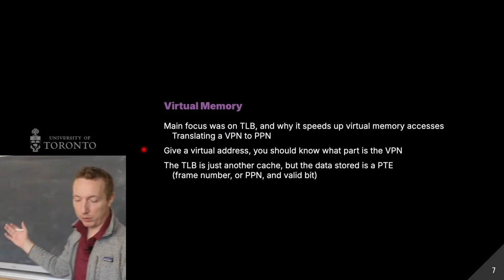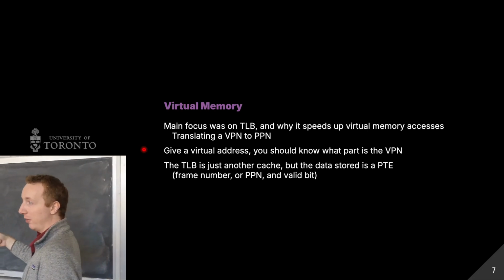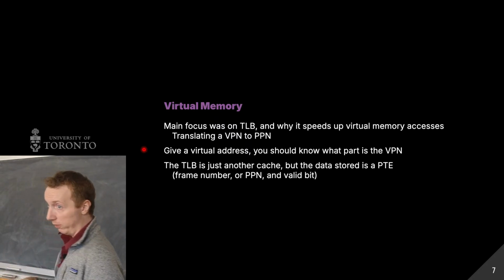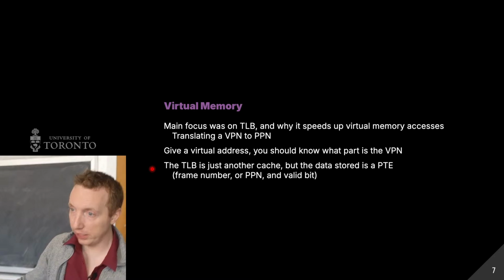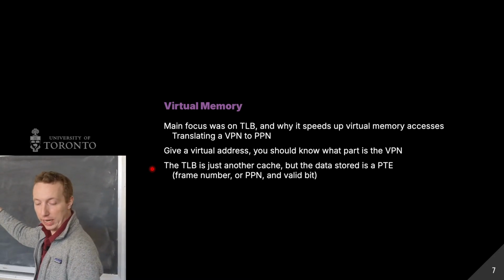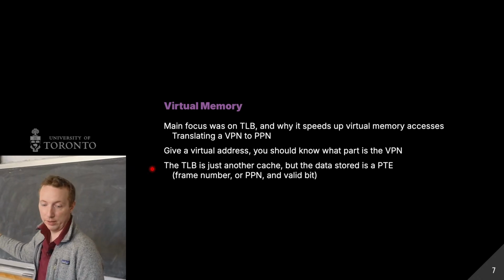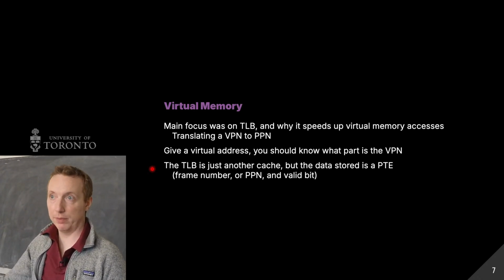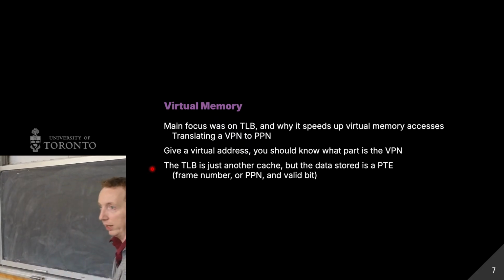Given a virtual address, similar to dividing up the cache line, you should know which part of it is the VPN and which part is the offset. The data stored isn't just blocks of data, it's a page table entry, which gives you a frame number, the PPN, plus a valid bit or something like that.